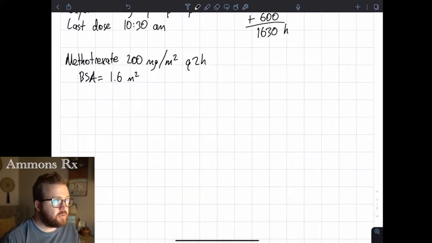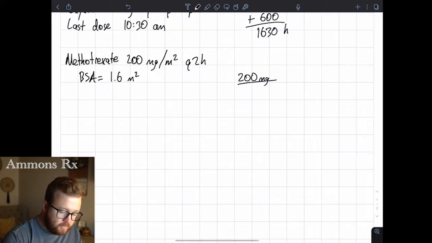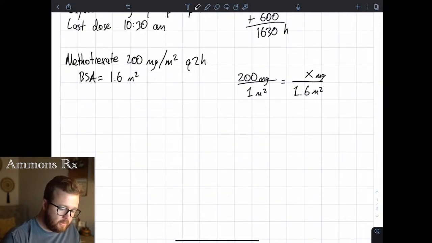What is the dose? Okay, so it says 200 milligrams for every meter squared. So you can set it up in a ratio and proportion. 200 milligrams for every 1 meter squared. But they only have 1.6 meters squared body surface area. What is the unknown?